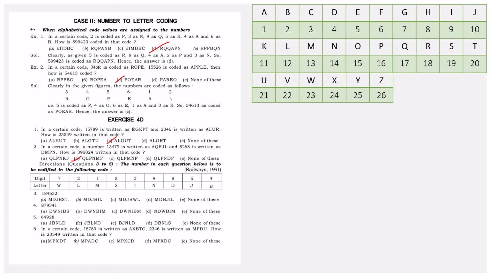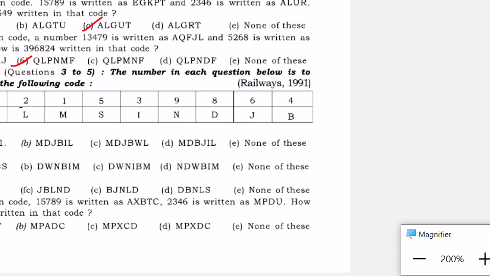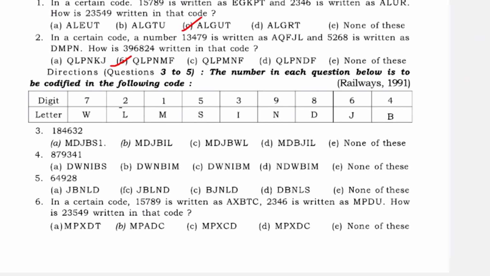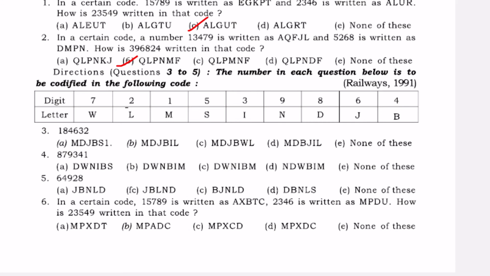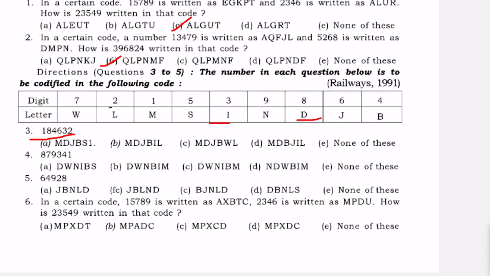So moving on, here is the table. I'll zoom in on the table for you. I hope you can see it clearly. Now they are asking for the code for 184632. 1 is over here, 8 is over here. Just frame the word.